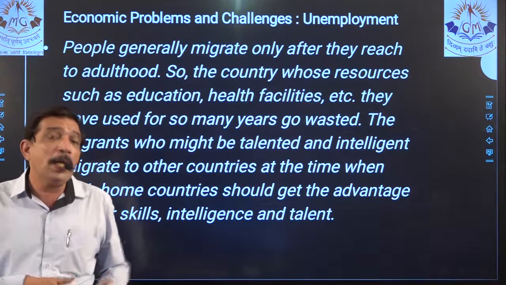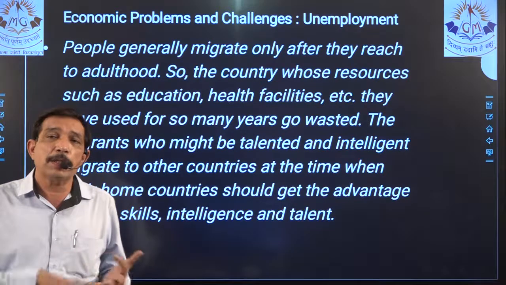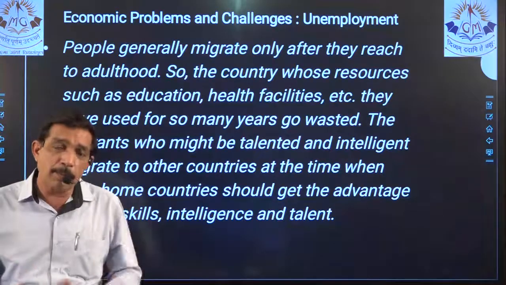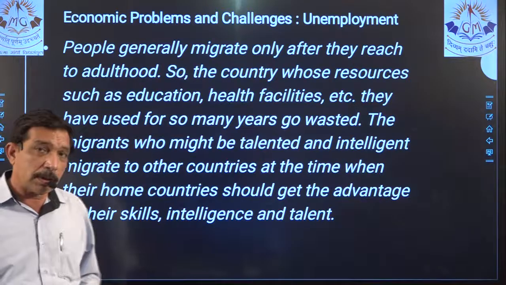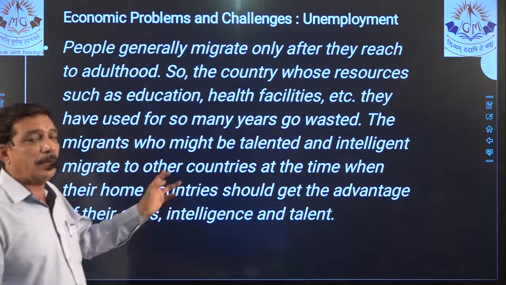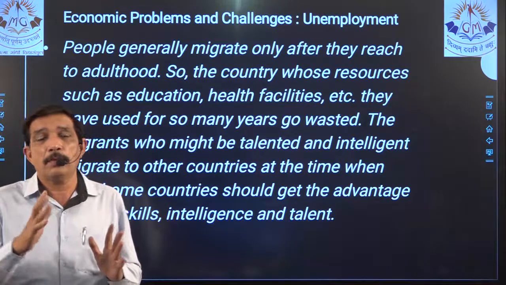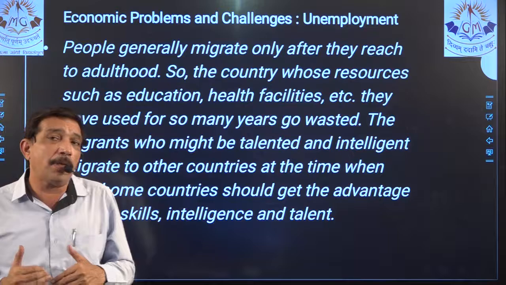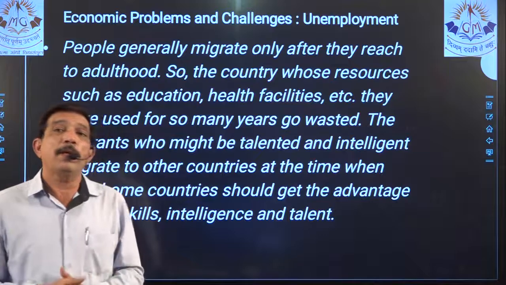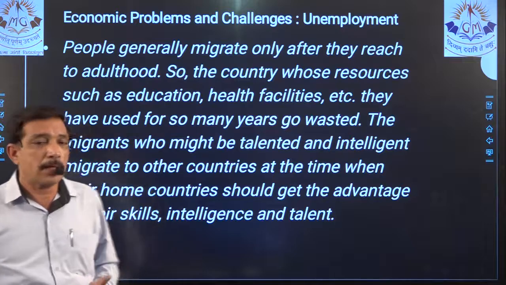Yes, a child is born over here, he and his parents use the resources available in India, whether that is food, accommodation, whatever, and they earn money and feed the child and bring up the child, give him better education, give him all the facilities available with the resources and money in India, and then that goes wasted, because the child, when he grows up, becomes 20 years of age, now it is the time for him to contribute towards the country's economy and be helpful in development, research, etc. At that time he leaves the country and goes and settles somewhere else.